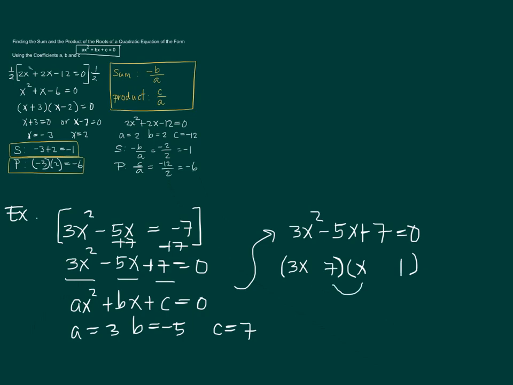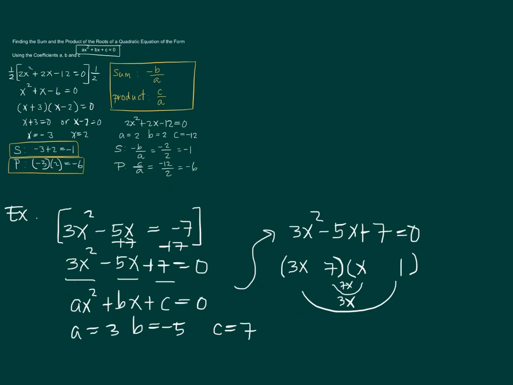But this is already showing us that from 7x and 3x, the 5 can never be obtained. So that is the limitation of finding the sum and the product of the roots by first finding the roots of the equation. Sometimes it becomes difficult for us to find the roots of the equation. But since there is a method that doesn't need the roots of the equation, then we can skip that step and just use the coefficients of the quadratic equation.